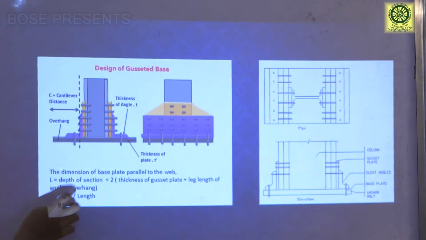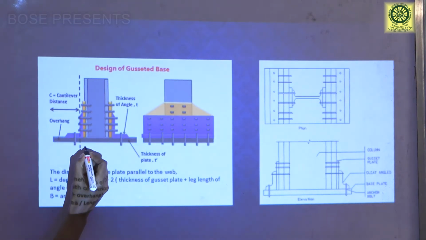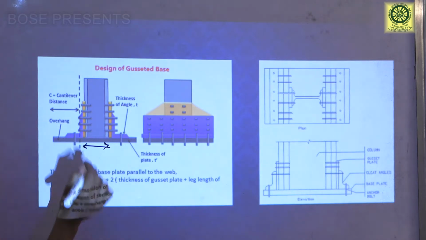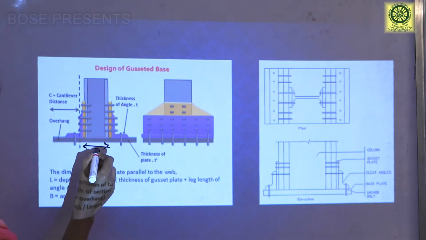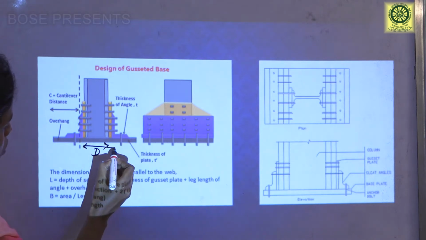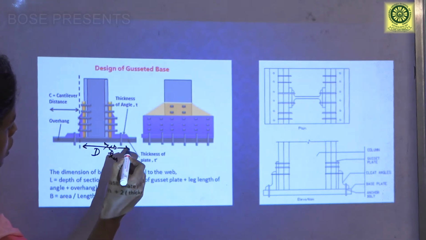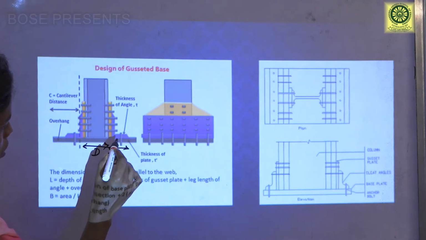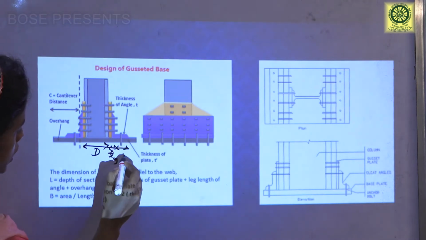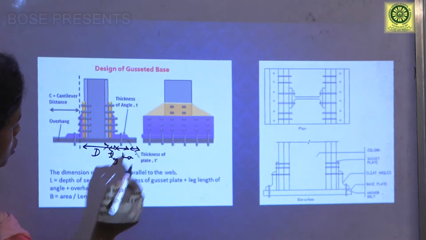Here the length of the gusseted base can be calculated like this. One column section is given. From the steel table, take the depth of the column section, suppose it is D. Then the gusset plate is used, with its thickness, then a cleat angle is used, known as the gusset angle, so the length of the angle also counts, then the overhanging portion.